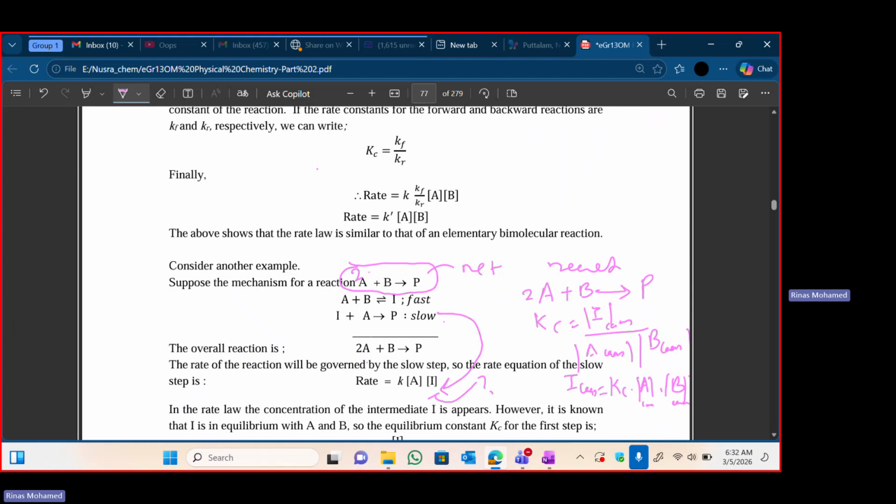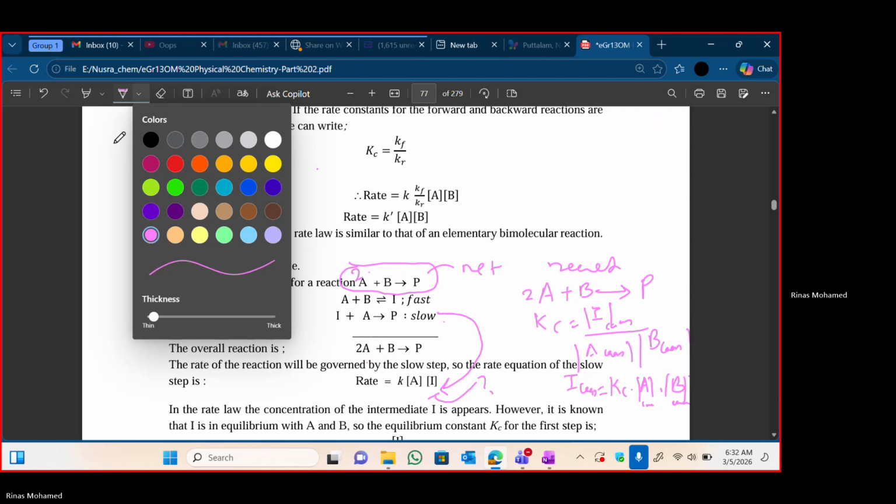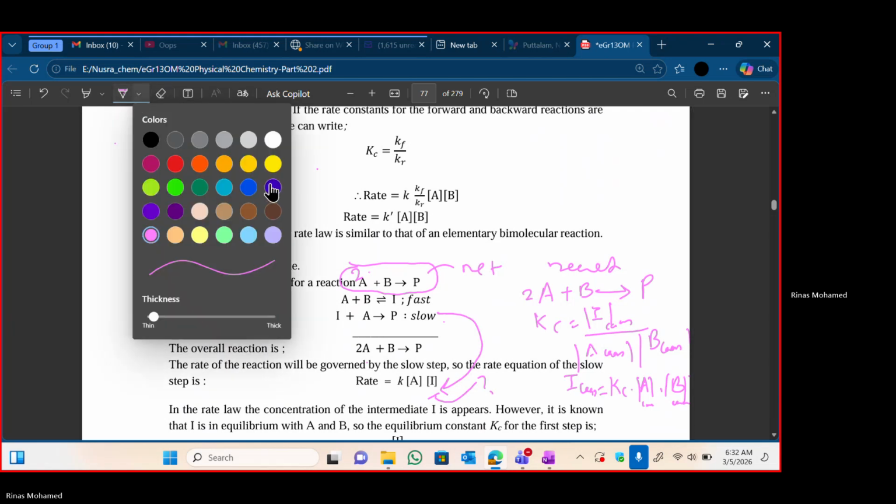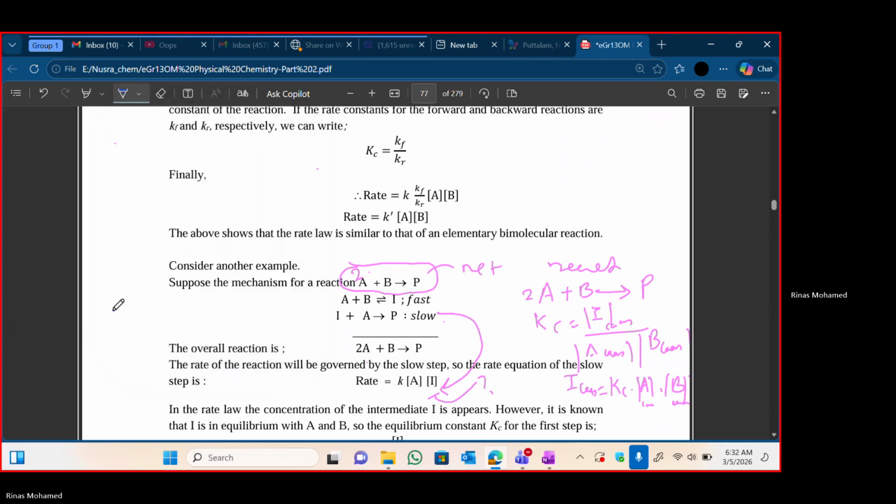Then that I can replace here. So instead of this I, I am going to put Kc into A's concentration multiplied by B's concentration.